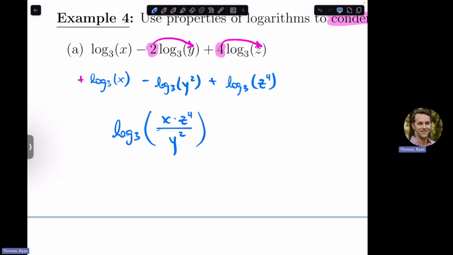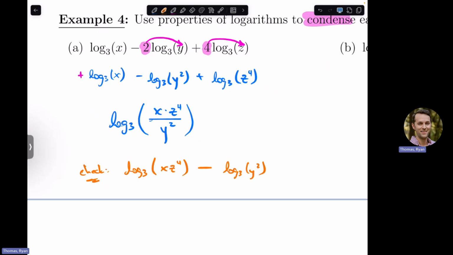If you want to think about checking, you could reverse that process and see where it ends up. Maybe we feel more comfortable with the expanding idea. X z to the fourth minus the log of y squared, splitting that division.